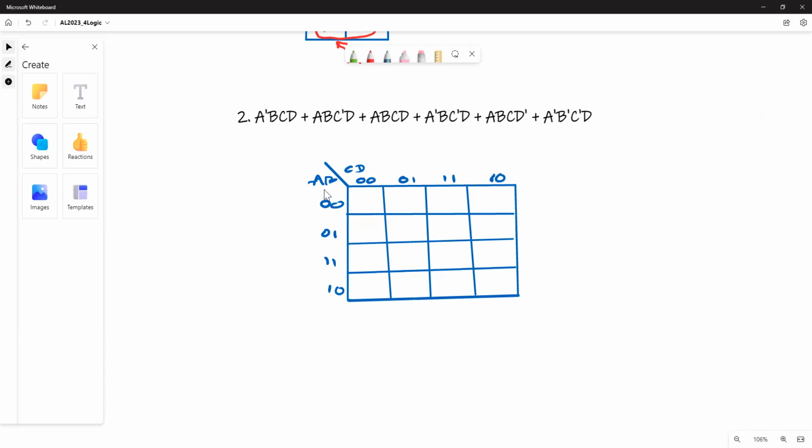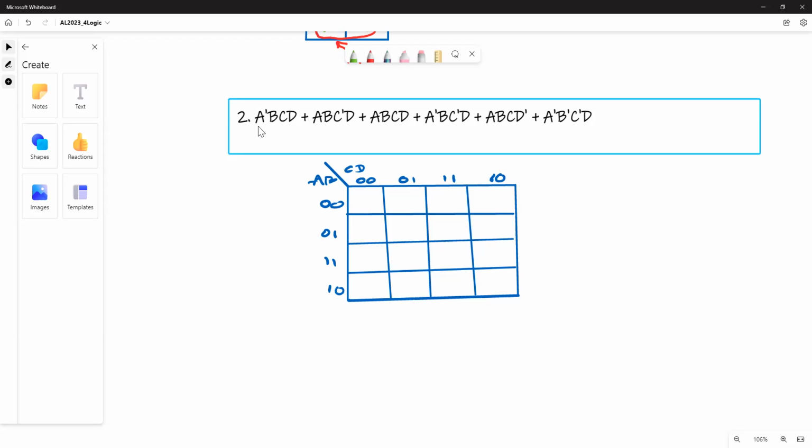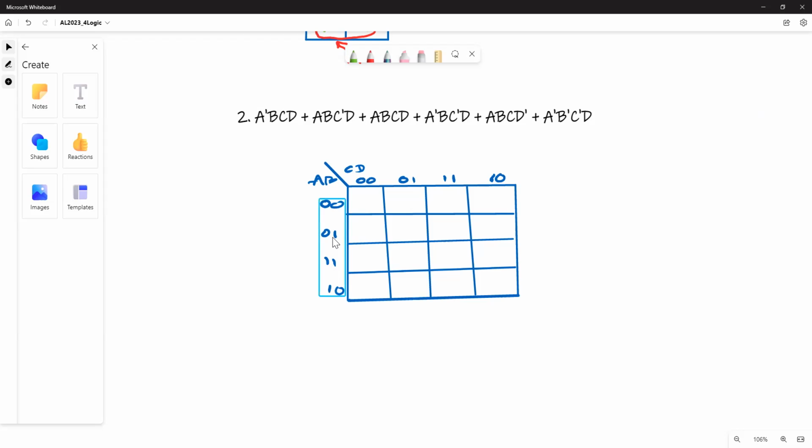So we have 4 variables. That means in the Karnaugh map, we have to have 4 by 4, that is 16 cells. So first one is A bar B, and then CD. So when you say CD, it should be here. So this should be 1. And then AB, C bar D. So this is 1. ABCD, this is 1. Then A bar B, C bar D, this is 1.